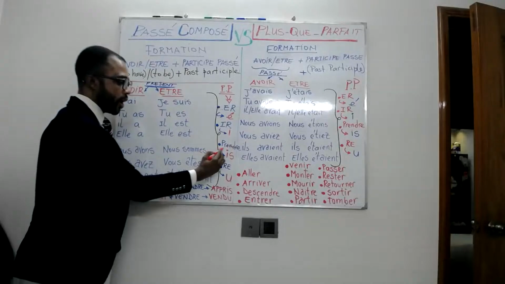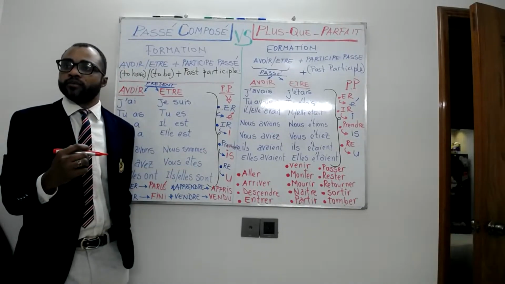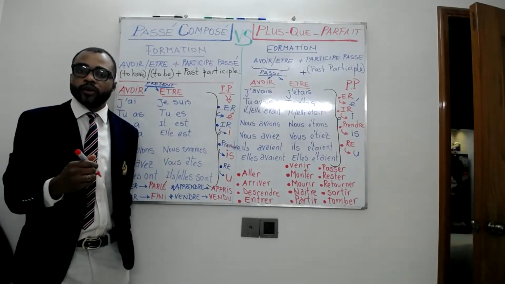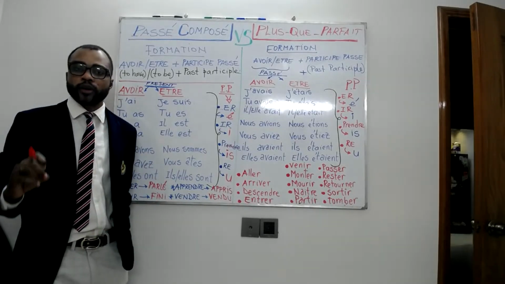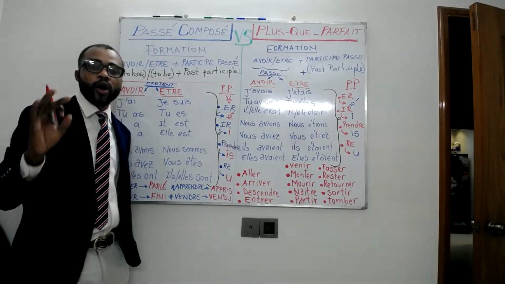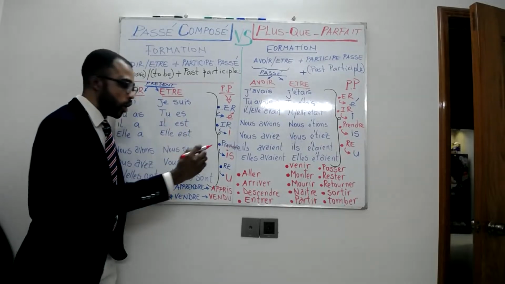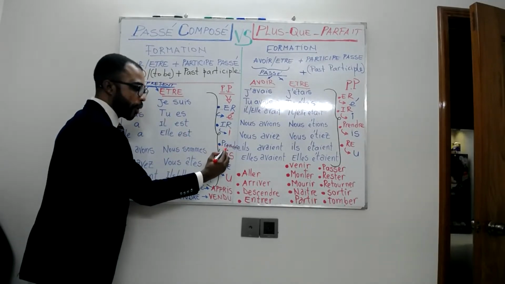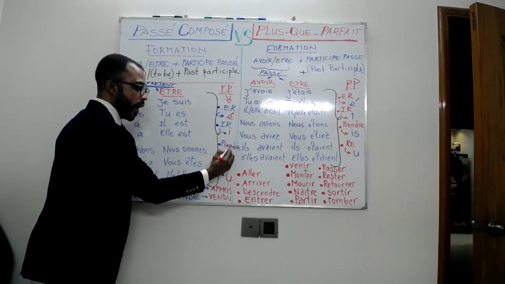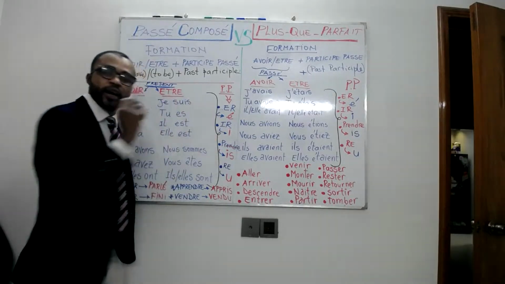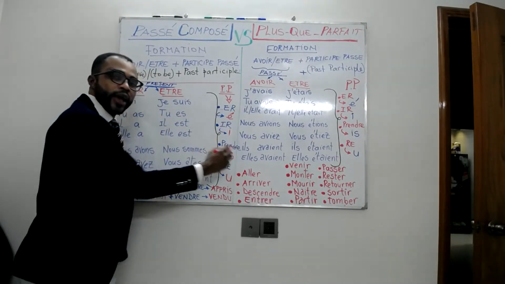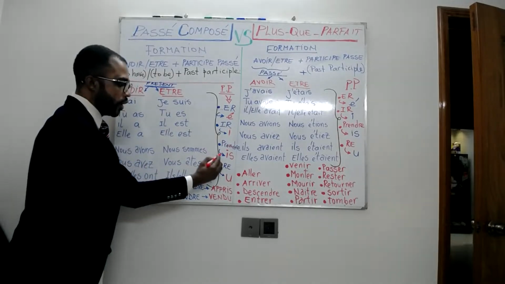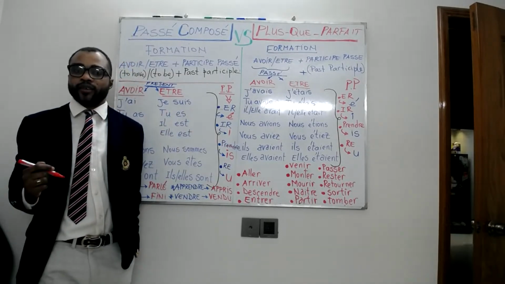Alors, si vous avez un verbe qui a prendre dans la composition ou dans la formation telle que prendre, apprendre, comprendre, reprendre, alors il va falloir supprimer E, N, D, R, E. Alors, on va changer E, N, D, R, E en IS.